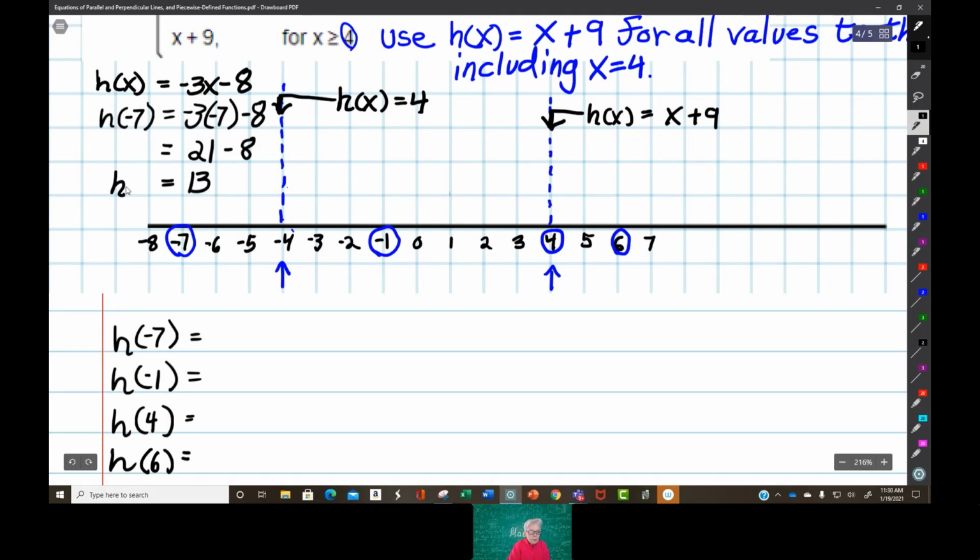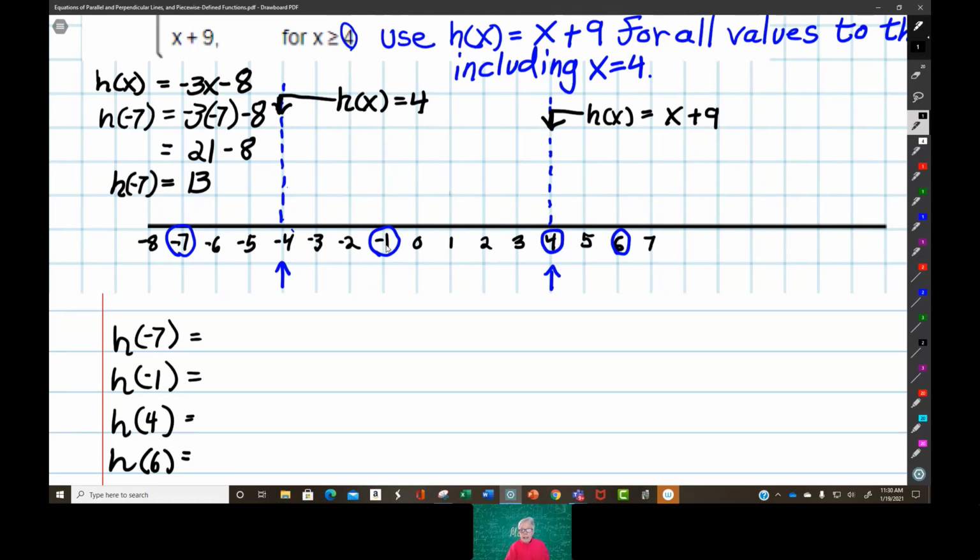H of negative 7 equals 13. What that means is if x equals negative 7, y equals 13. And so your point, if you were graphing, would be negative 7, 13.